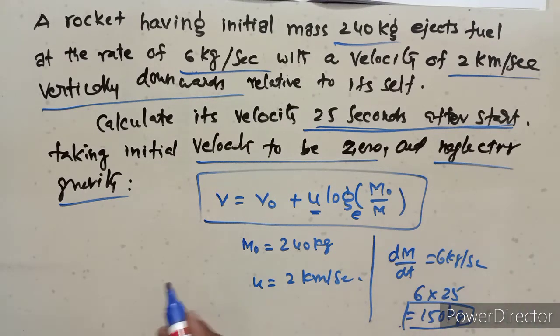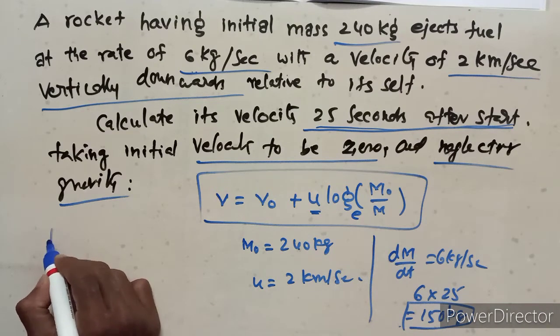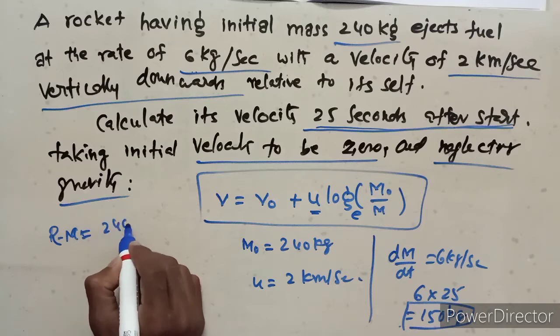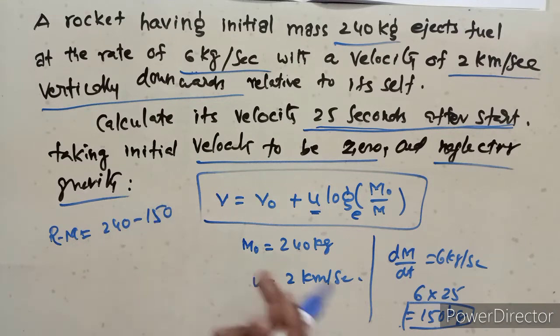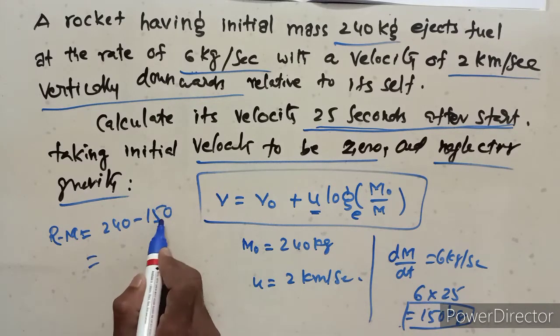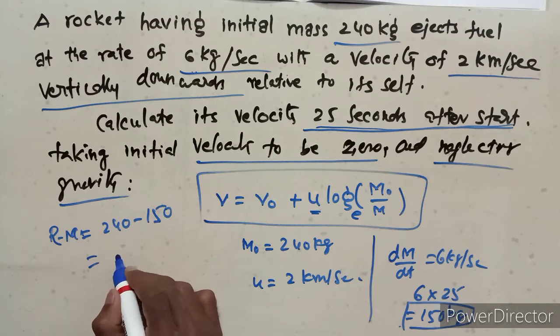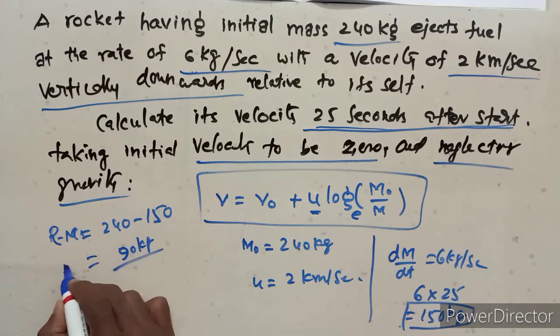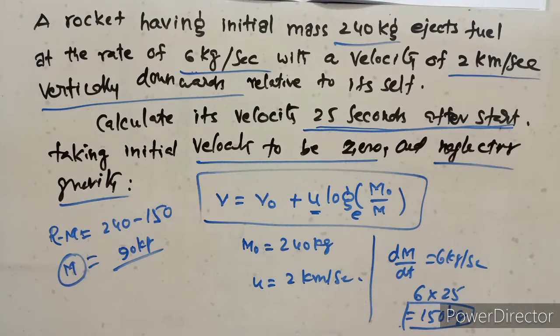So the remaining mass after 25 seconds is 240 minus 150, which equals 90 kg. So this is the m value, and this is the m naught value.